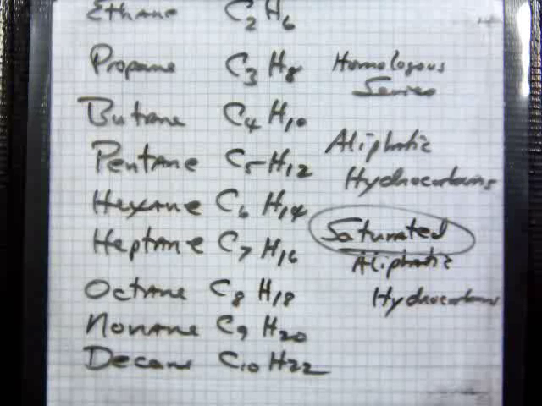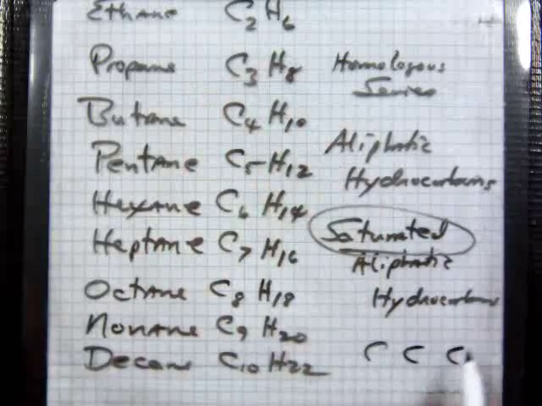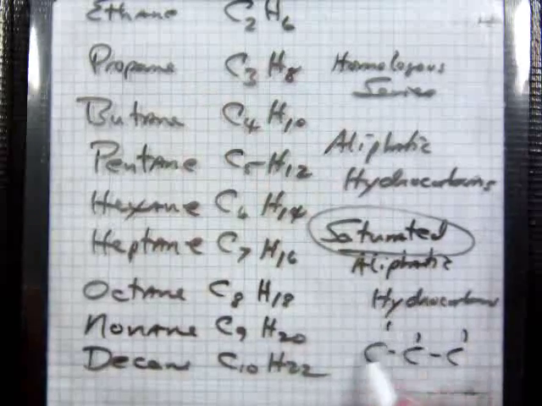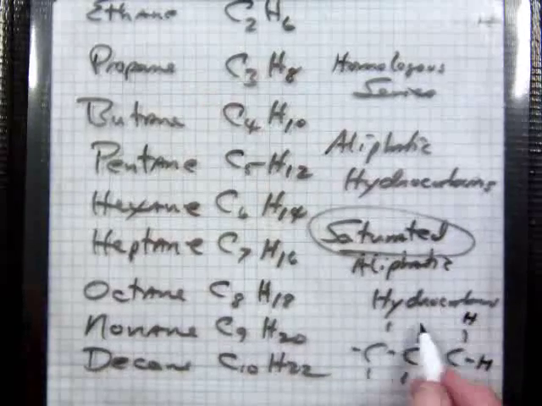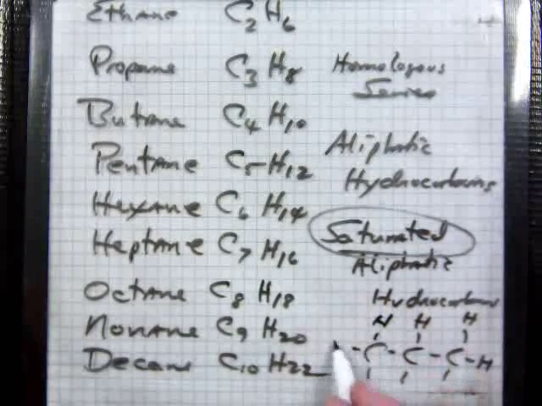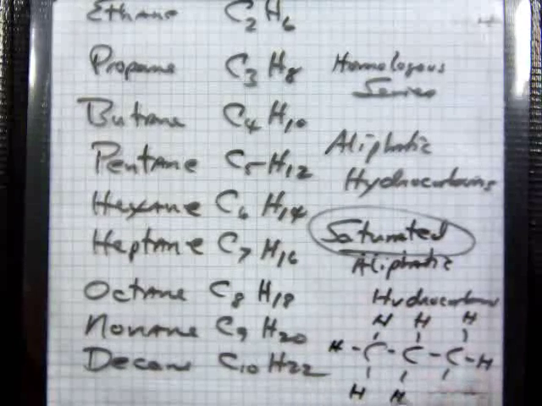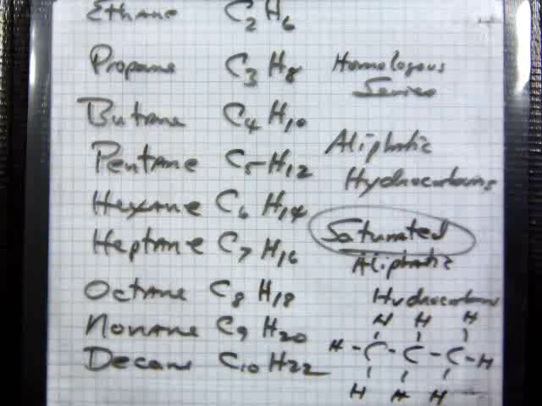All the bond sites for carbon are satisfied, of course, by hydrogen. If you were talking about, say, propane, it would look like this. I'm not going to, at this point, we're not talking structure. So there's no double bonds in that, so that's what is referred to as a saturated hydrocarbon.